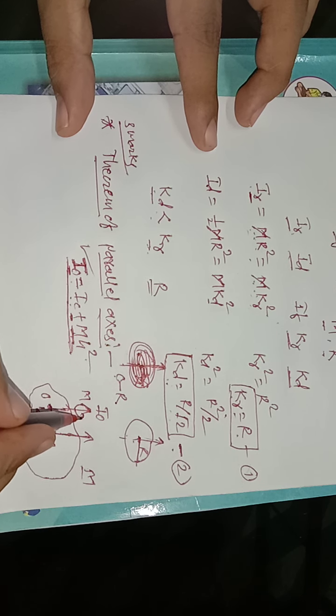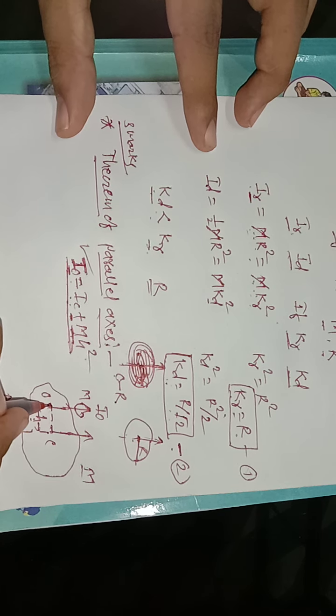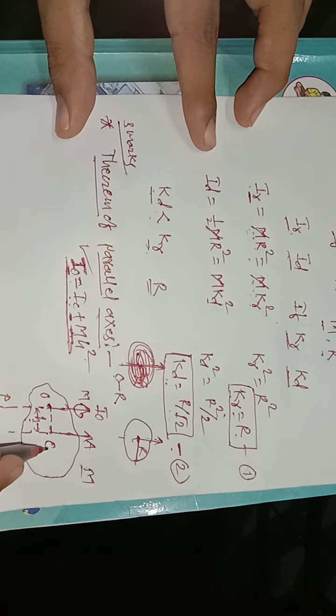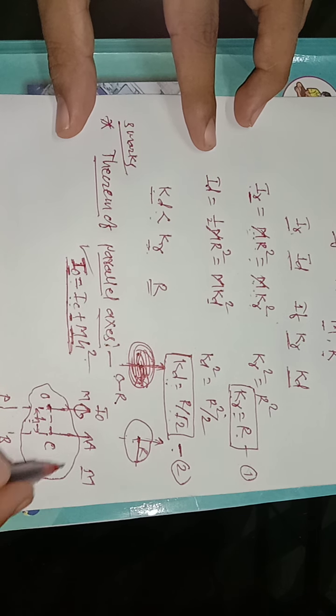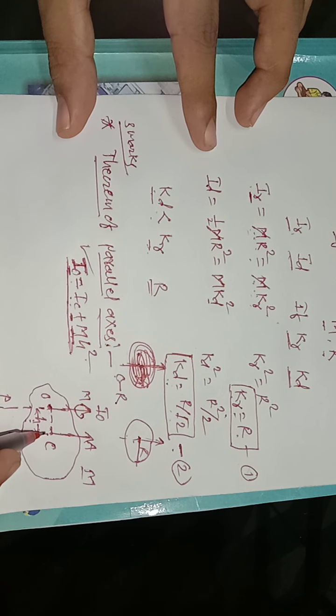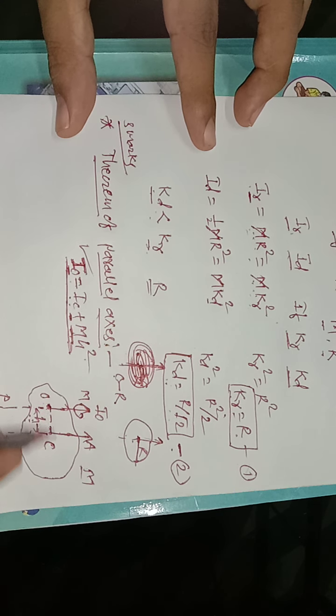Suppose axis MOP is an axis passing through point O, and the second axis ACB is passing through the center of mass C of that object, and these two axes are parallel to each other. The distance between the two parallel axes is equal to h, or we can say that OC is equal to h.